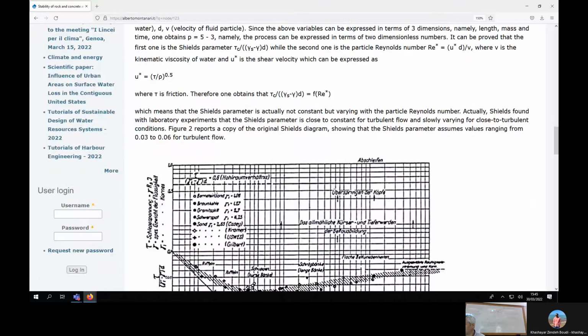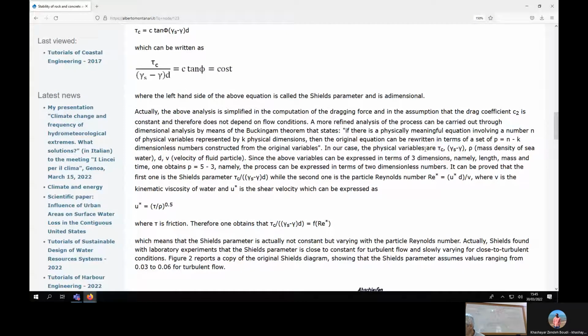So basically, our physical variables are tau, gamma s minus gamma, rho, mass density of seawater, d, the characteristic dimension of the grain of the unit, and v, velocity of fluid particle.